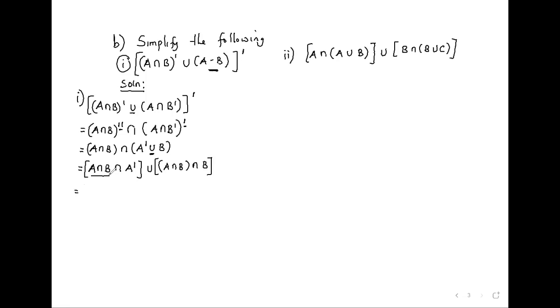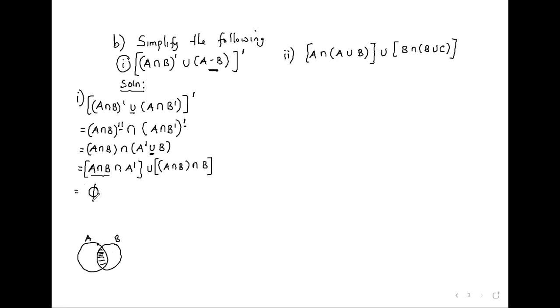It's that part which is common between A and B. If I draw this, this is A, that is B. Then intersection with the outside of A. Look, this part is in A. If you want to intersect with something that is not in A, you cannot have anything in common.